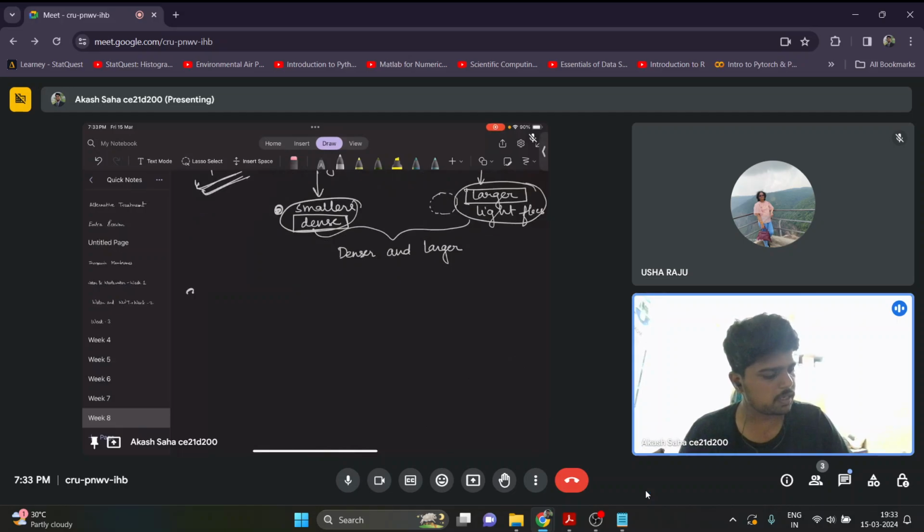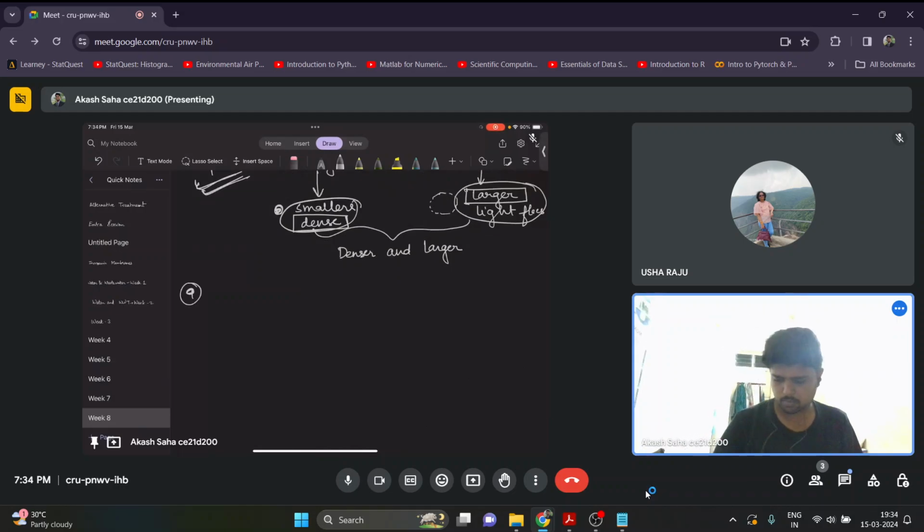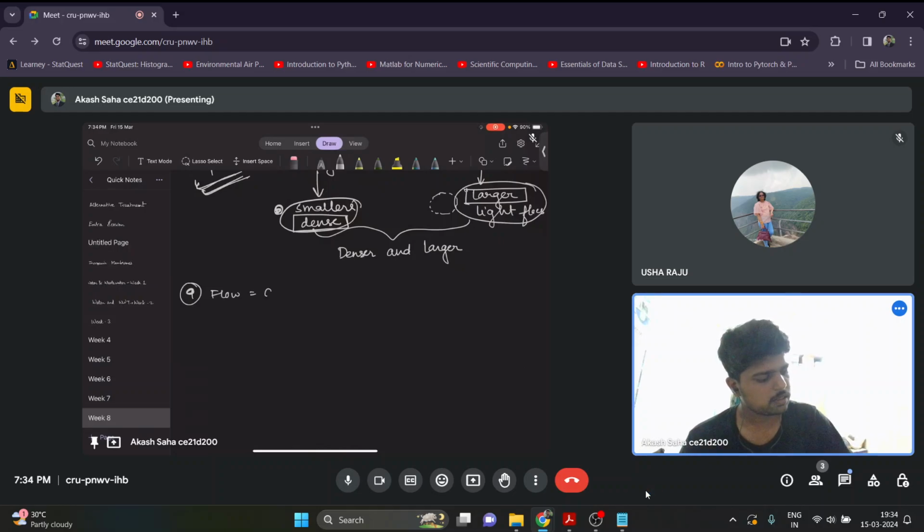So this is question number 9. The flow is given as 0.15 meter cubes per second, or we can write 12,960 meter cube per day. I am just changing it from per second to per day. Okay.